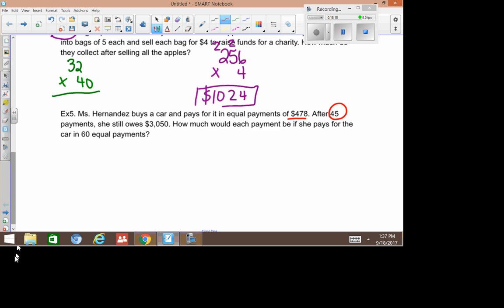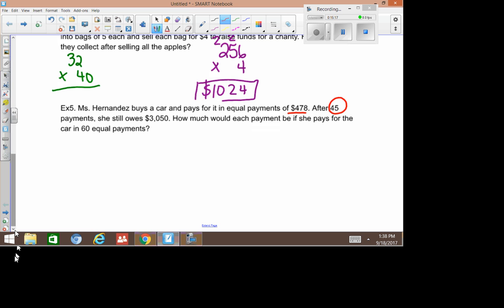Now, I tried to give you plenty of room. So 472 times 45. Remember the total. 5 times 8 is 40. Carry my 4. 35, 36, 37, 38, 39. Okay. 5 times 4 is 20, and then 23.